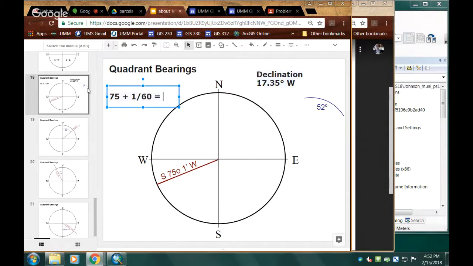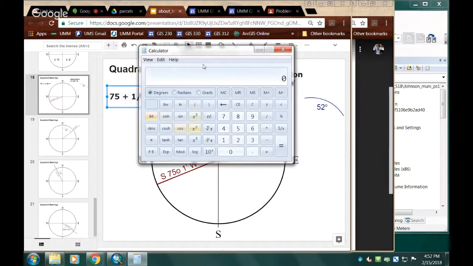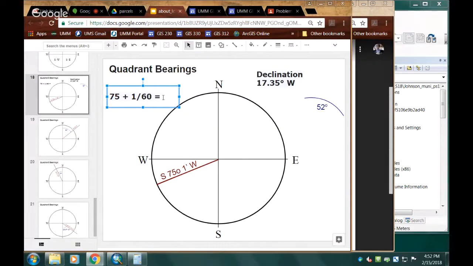If I get my calculator and I take 1 and divide it by 60, it's 0.0167 repeating. So the result is 75.0167 repeating. So that is the angle now.